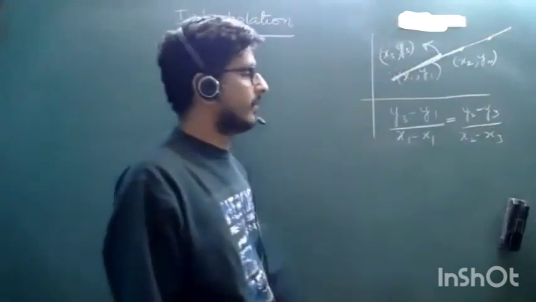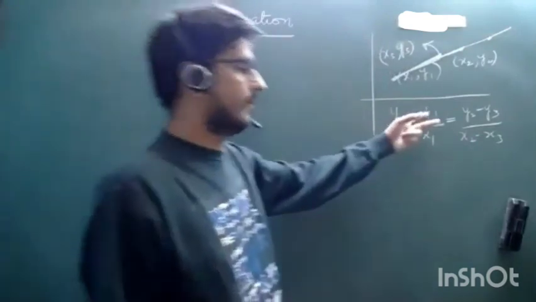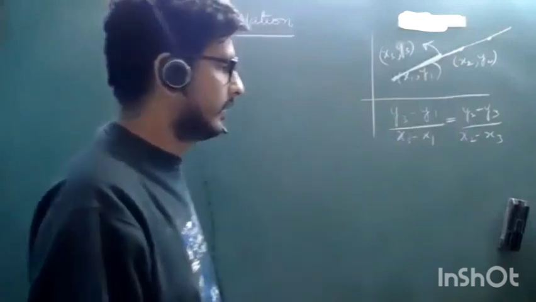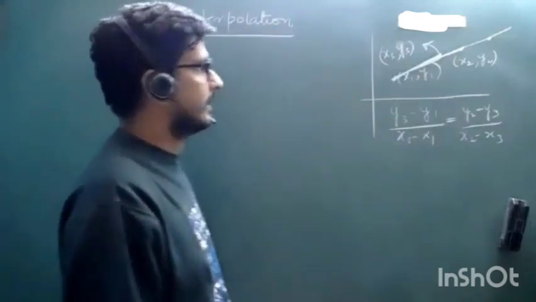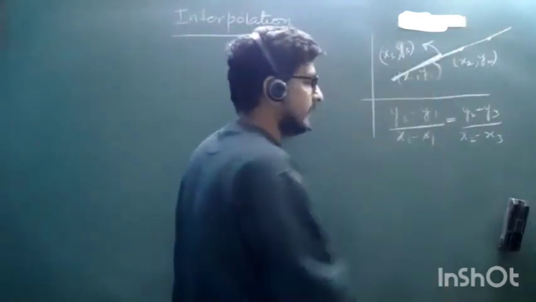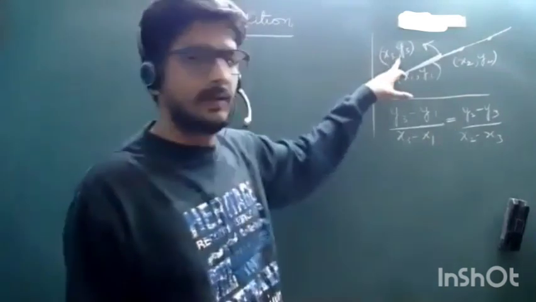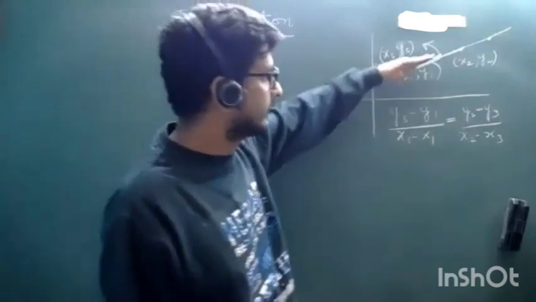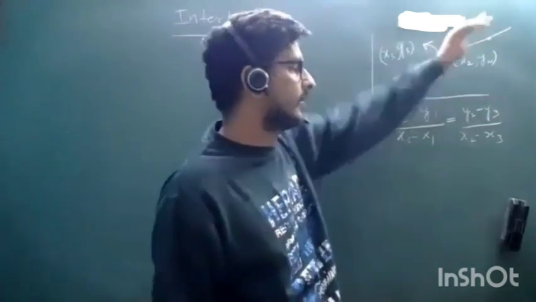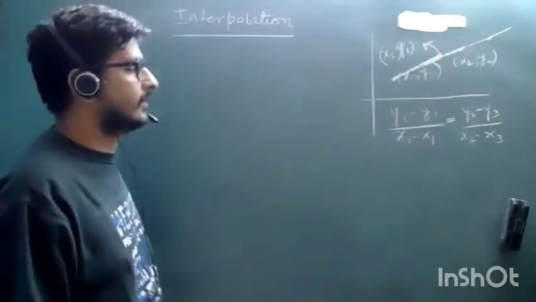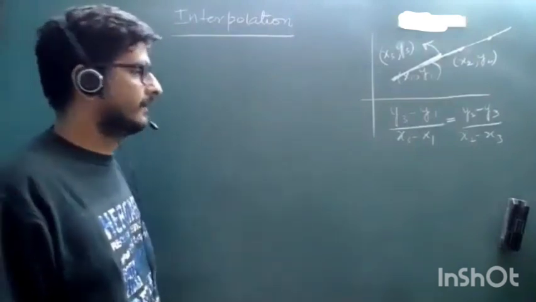So using this equation, we can calculate the value of y3, which is unknown. Because the slope is the same, we can find the unknown point using the concept that the slope of this line will be equal to the slope of this line. Both lines have the same slope because they are the same line.